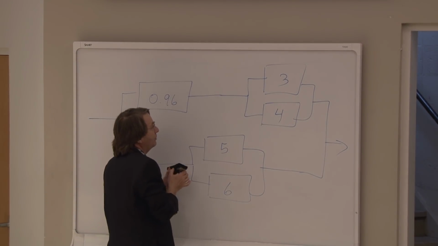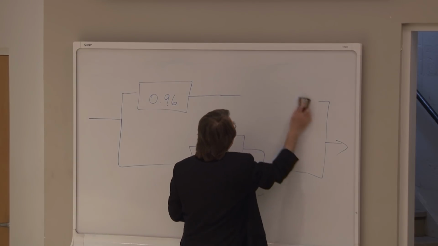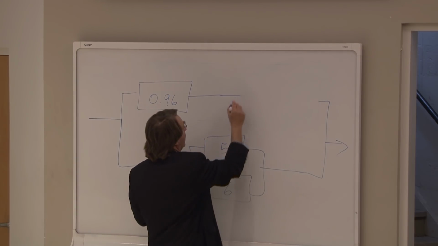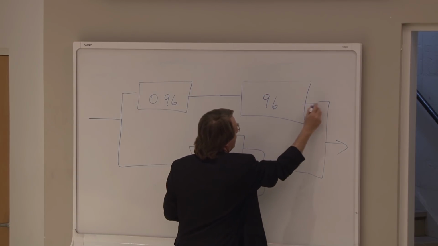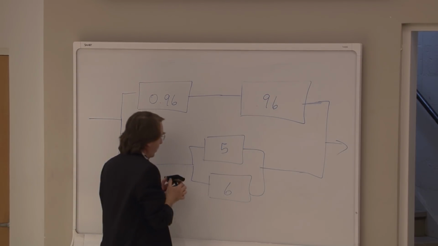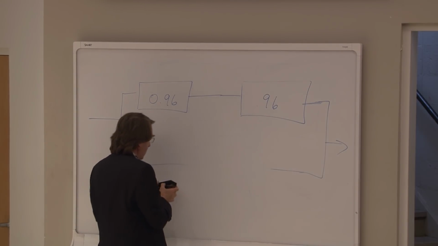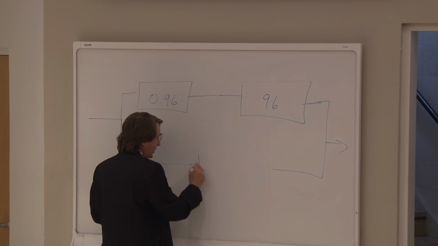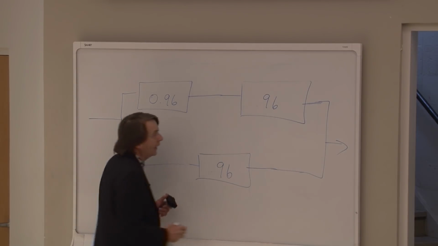And we can do the same thing here. We can put another sensor here where the probability of working is 0.96. And likewise down here, the probability of the 2 in parallel working is 0.96.